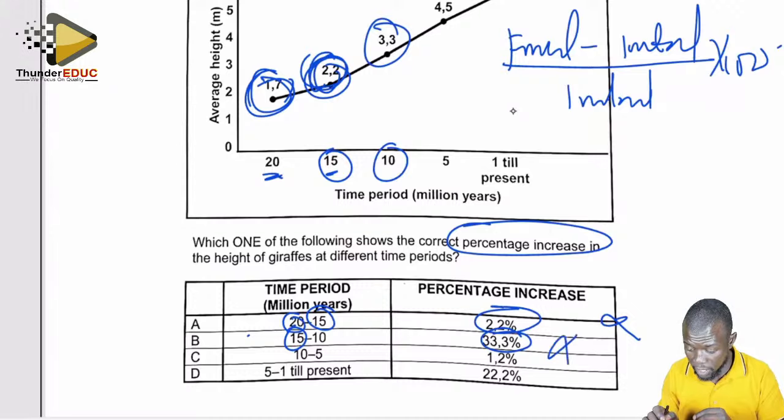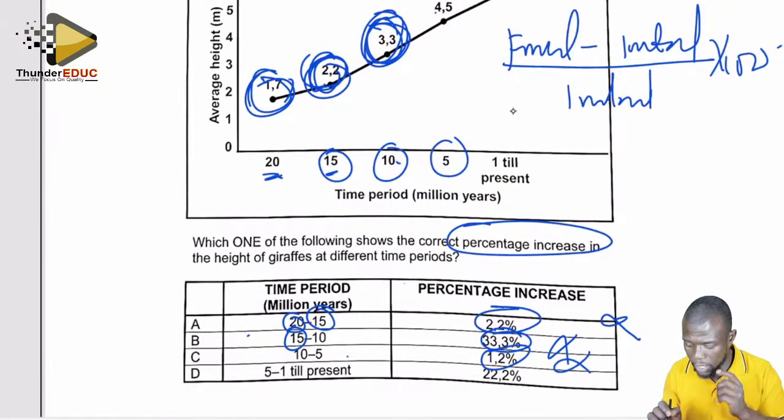If you don't get it, then it's wrong. 10 to 5: 10 is 3.3, and 5 is 4.5, so 4.5 minus 3.3 divided by 3.3 times 100. Do you get this? If no, this is wrong.